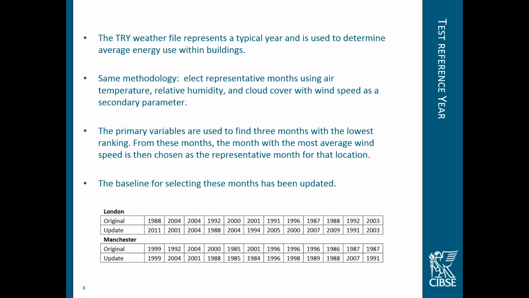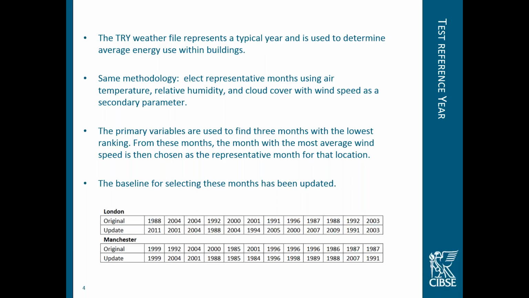The methodology included selecting representative months from your observational data set using parameters such as air temperature, relative humidity, and cloud cover, with wind speed as a secondary parameter. These primary variables are used to find the 3 months with the lowest ranking, and from these months, the month with the most average wind speed is chosen as the representative month of that location.